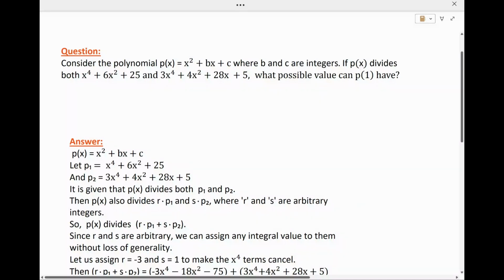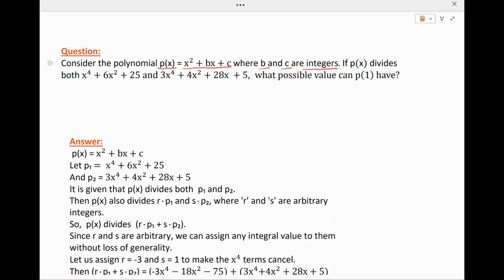Question. Consider the polynomial P(x) = x² + bx + c, where b and c are integers.